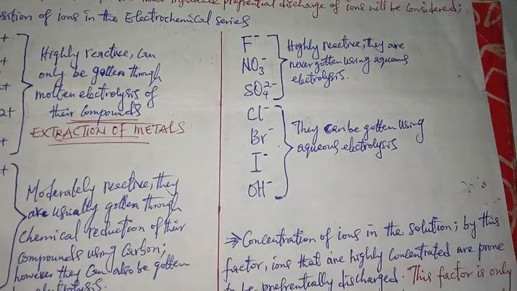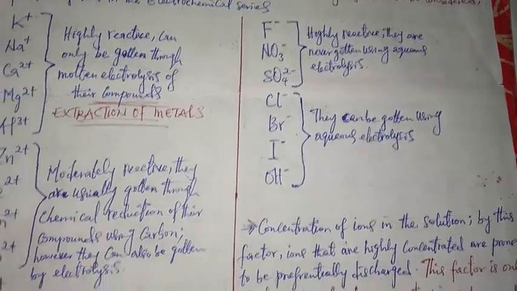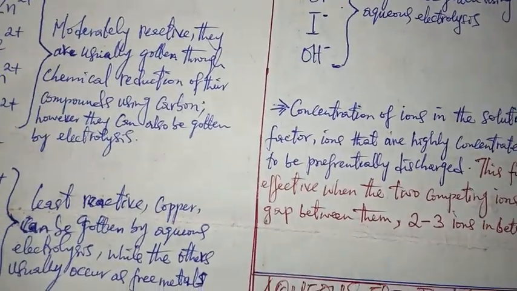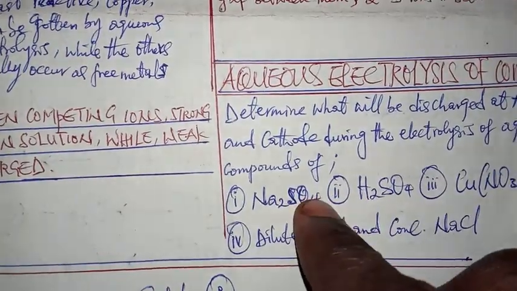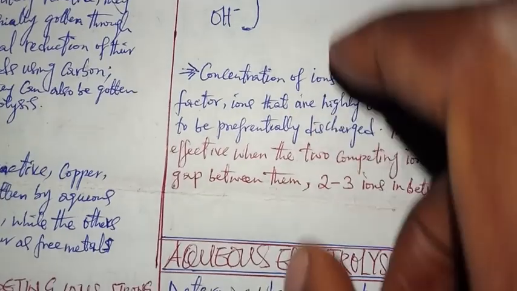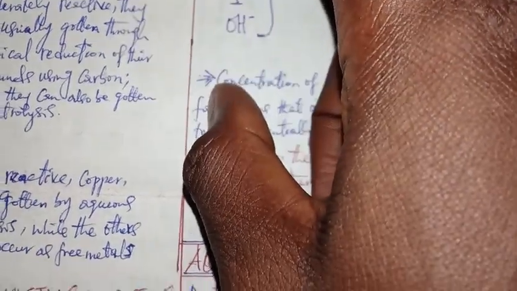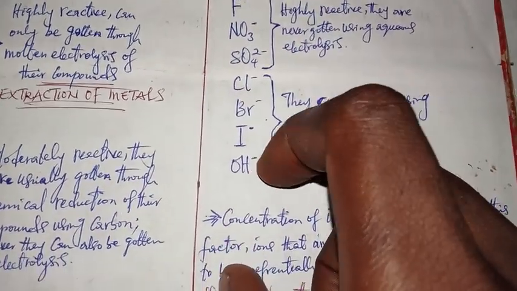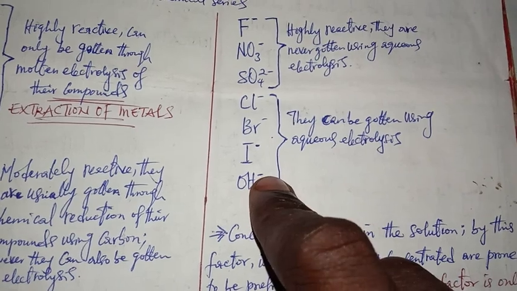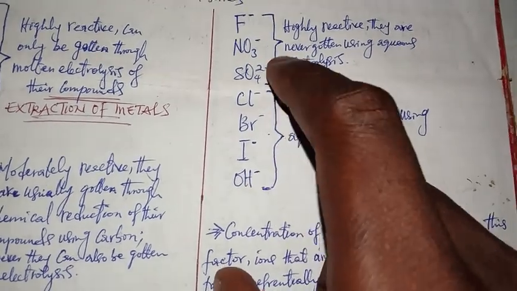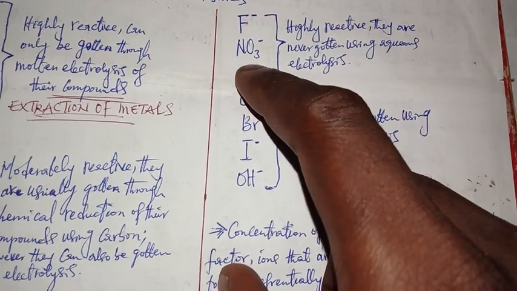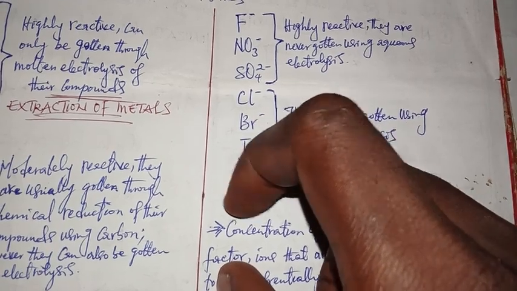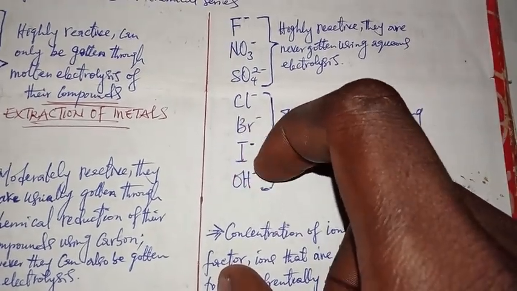Take for instance, we are electrolyzing sodium sulfate. This sodium sulfate, SO4 2 minus is the anion. Look at it here. And it is going to be competing with hydroxide, which is here. Now, since SO4 2 minus is above, hydroxide is below, hydroxide will be removed from the solution.